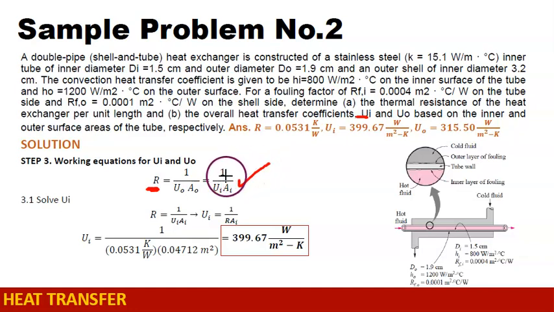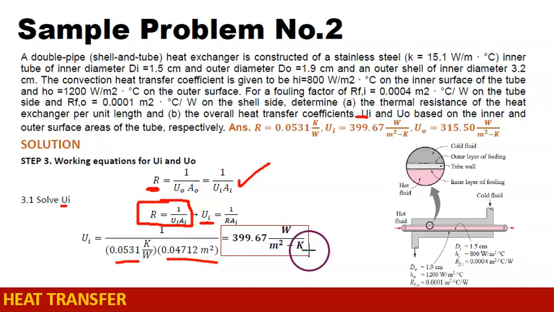For the inside, we can solve for UI by using this relationship, rearranging this equation to solve for UI, and then substituting the values of thermal resistance, which we already solved, and the inside area.